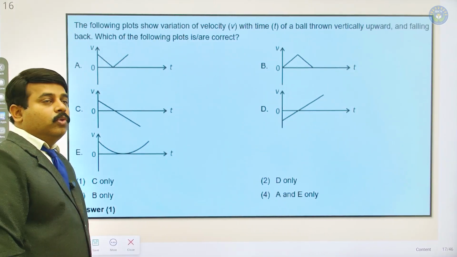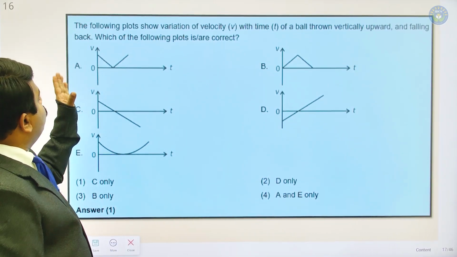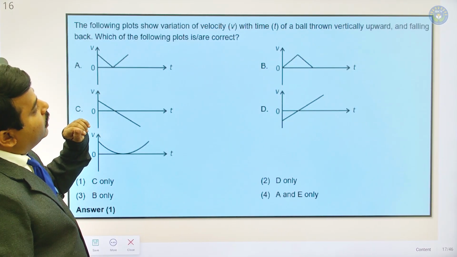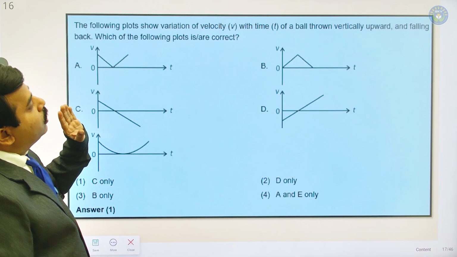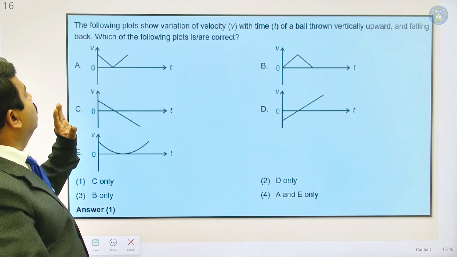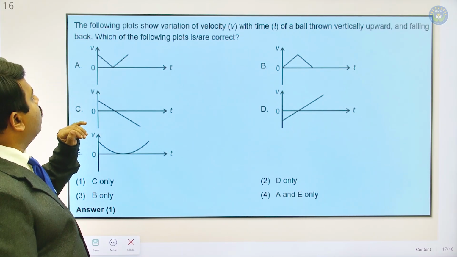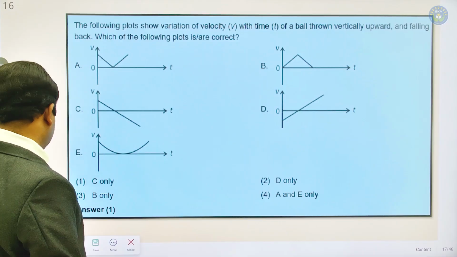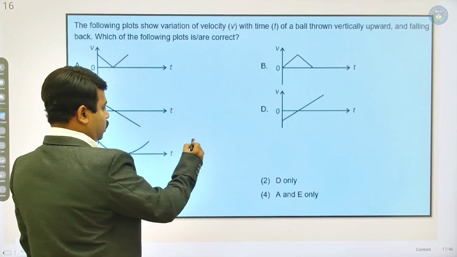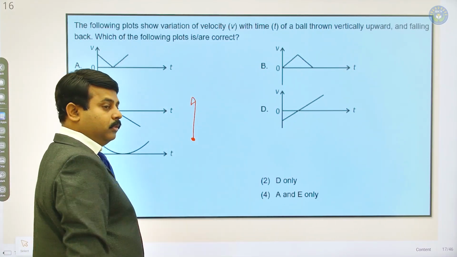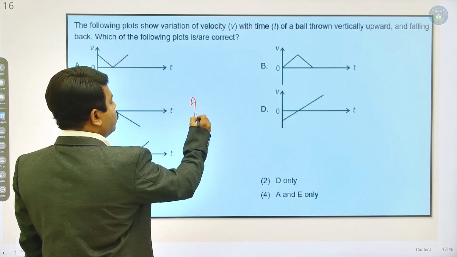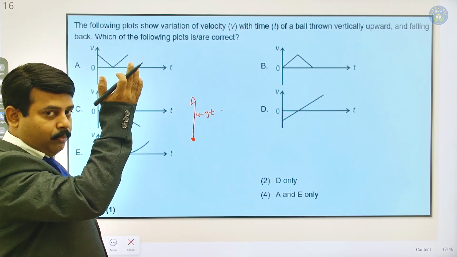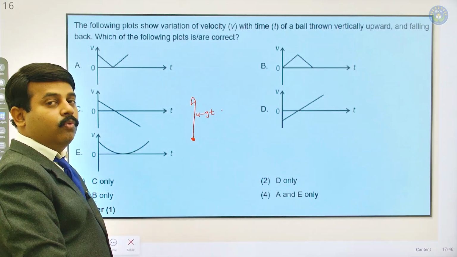Now let us go to question number 15. The following plot shows the variation of velocity v with time t of a ball thrown vertically upward and falling back also. Which of the following plots is or are correct? See, one ball you throw vertically upward. What is the equation for that? u minus gt, vertically upward. It is coming downward, u plus gt.